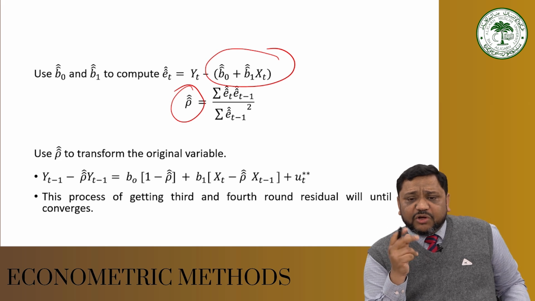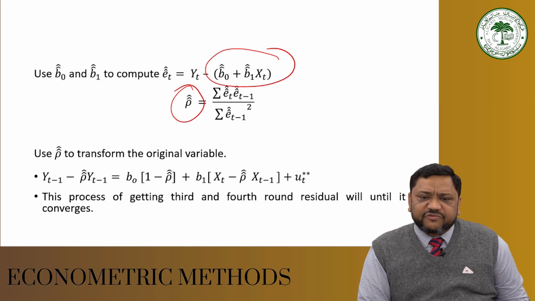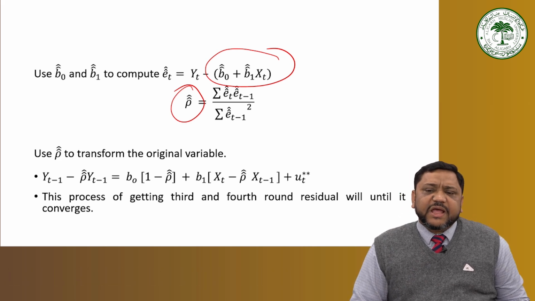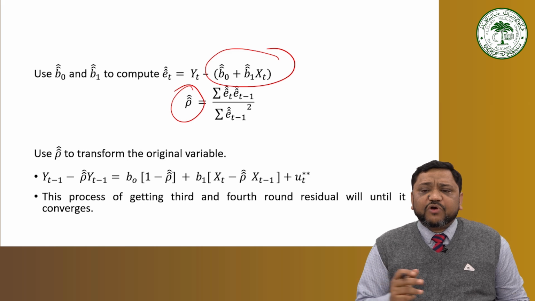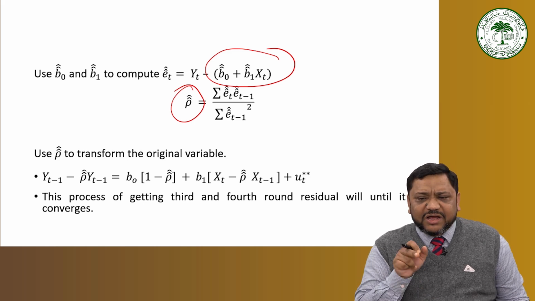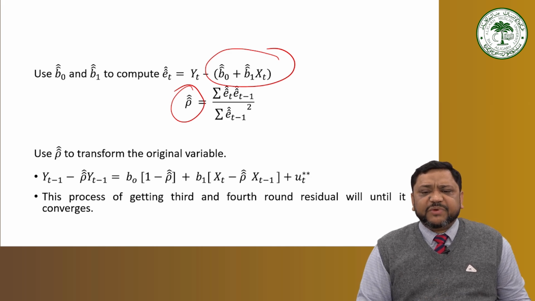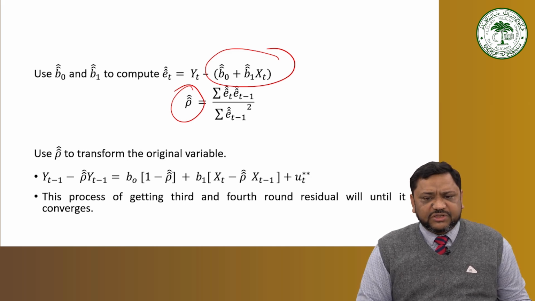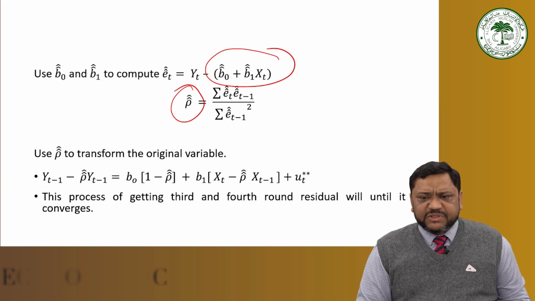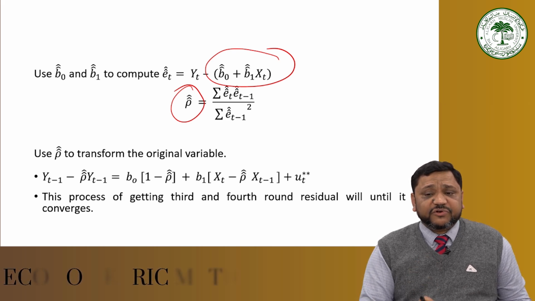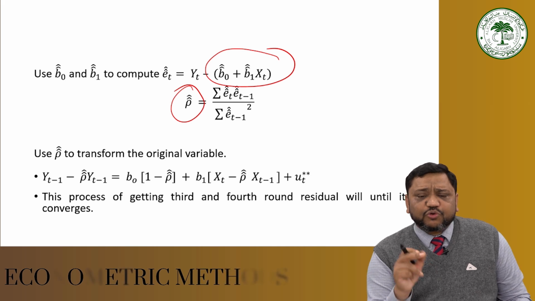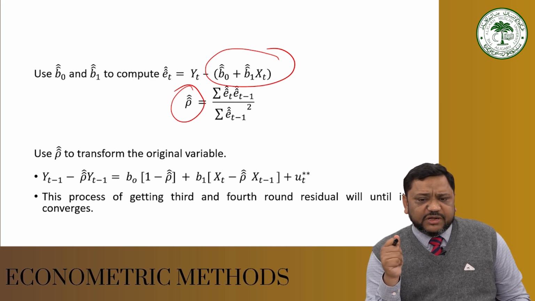But when we say that the value of rho hat converges in this Cochrane-Orcutt method, it means that as the iterative procedure of the estimation algorithm progresses, the value of rho hat stabilizes or converges to a certain value. This is an indication that the algorithm has reached a stable estimate of the coefficient of autocorrelation in the data. Ideally, rho hat should converge to the true coefficient of autocorrelation in the data.